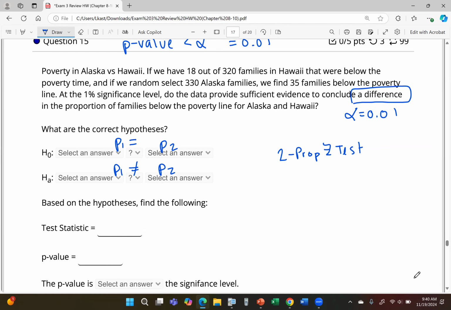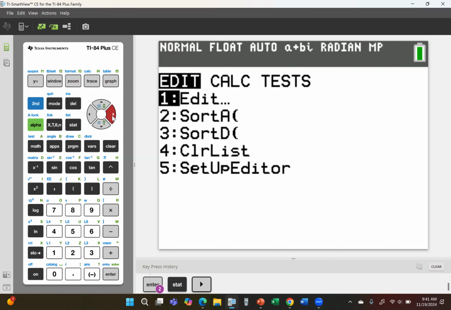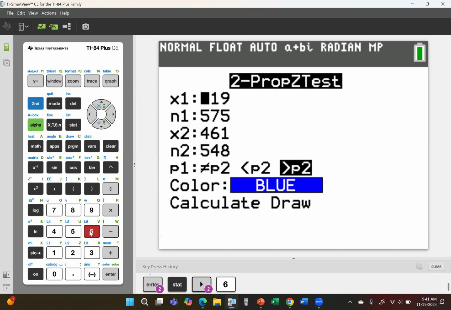All right, so let's go to our calculator. And we're going to go stat, test, and we're going to find a two proportion z-test. Is that number 6? Okay, so what information do I have here? Let's look at Hawaii. We have 18 out of 320.